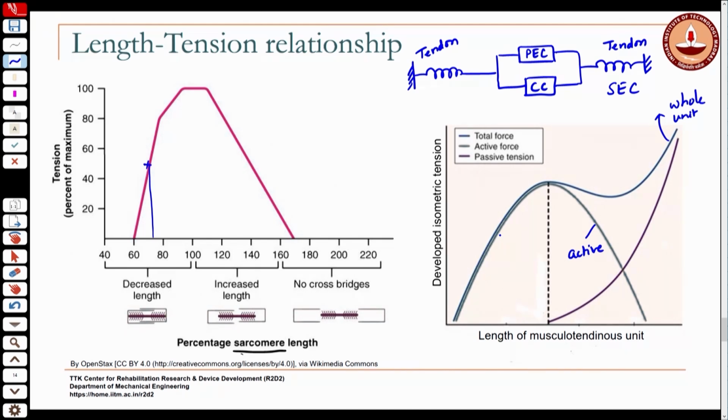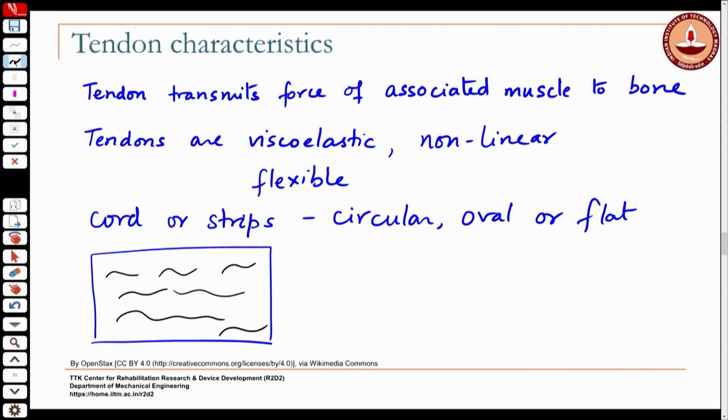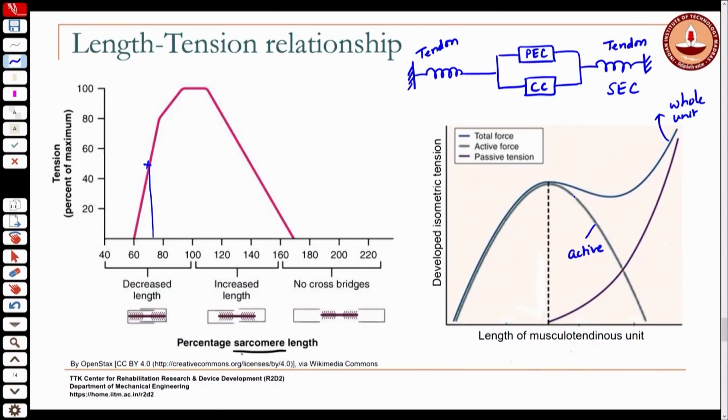Now, at a length that is past the resting length, you have this muscle and you stretch it past its resting length. It develops some tension because of the connective tissue and the tendons and everything else. That is your passive tension. And then on top of that, if you apply a stimulus, there is an additional component that comes up because of the active part. What is transmitted at the end through the tendon is the total, because those two are in series.